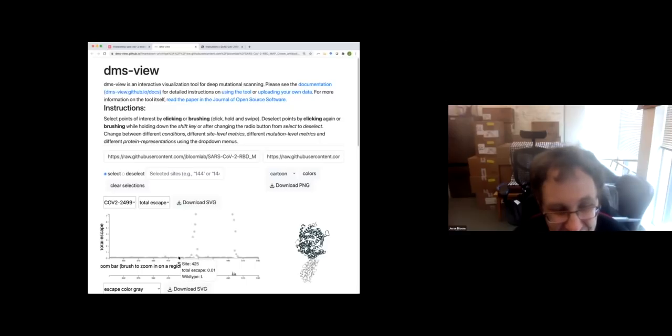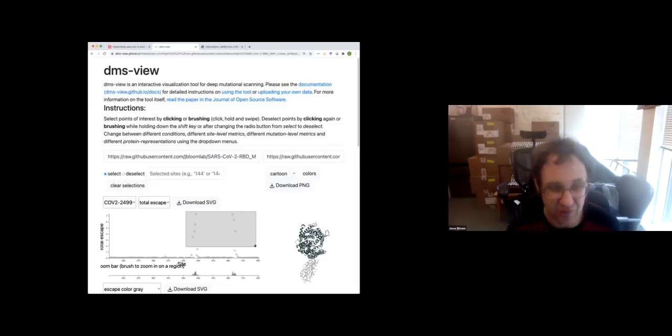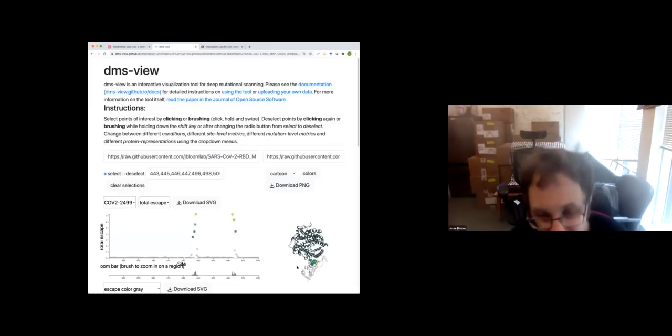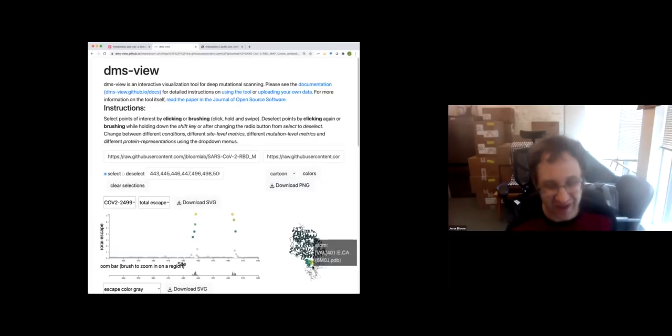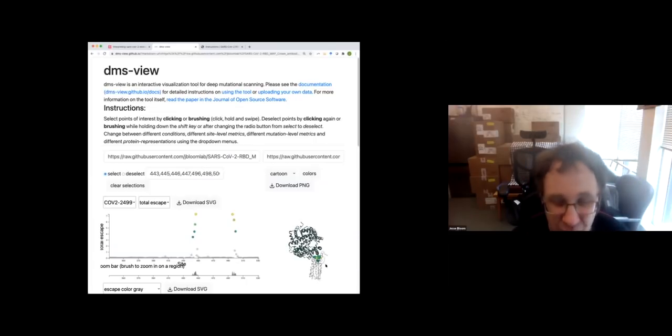And you see that at most of the sites mutations have no effect, but there's a few sites like 447, 446, 496, et cetera, where mutations strongly affect antibody binding. So if we look to see where those sites are, they all are in one region of the receptor binding domain, which is presumably where the antibody binds. And so this has told us both the physical footprint of the antibody on the receptor binding domain and what are the mutations that disrupt that interaction.